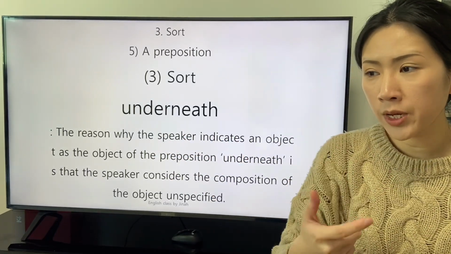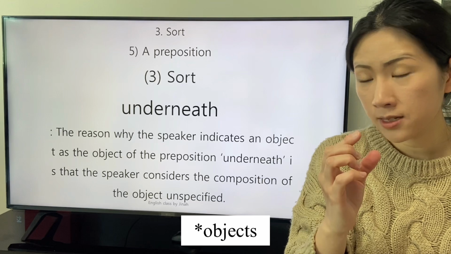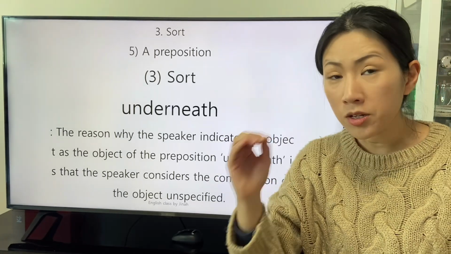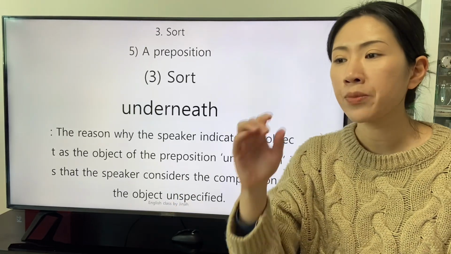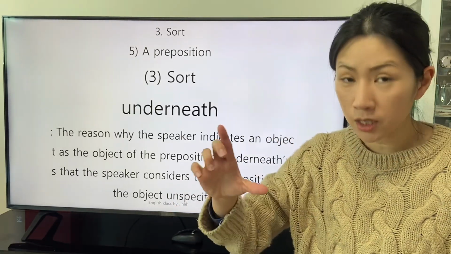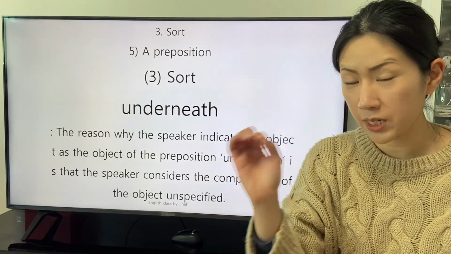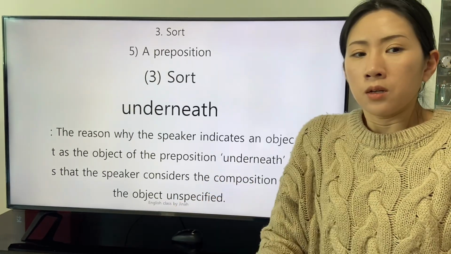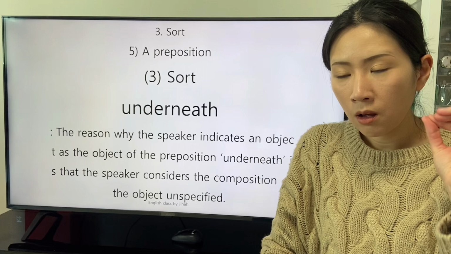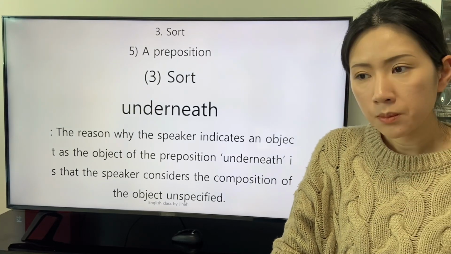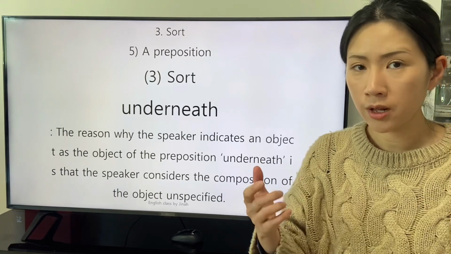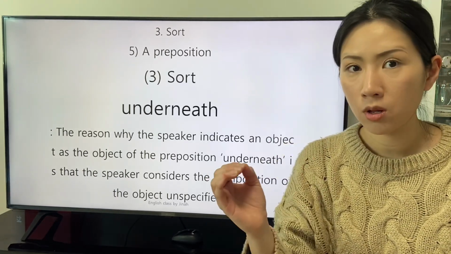The difference between the object of the preposition beneath and underneath is consistent with whether the organization of the object is specified or not. The object of the preposition beneath is in a structure that is recognizable.